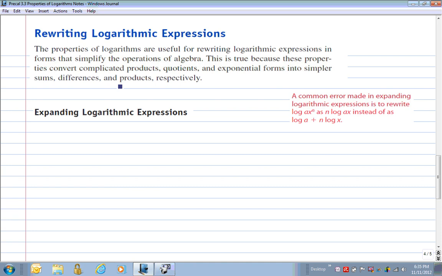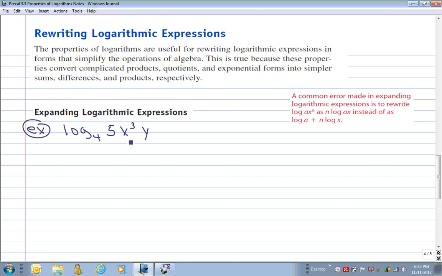So let's go ahead and do a couple of examples here on expanding our expressions. The first one is just an example: log base 4 of 5x cubed y.